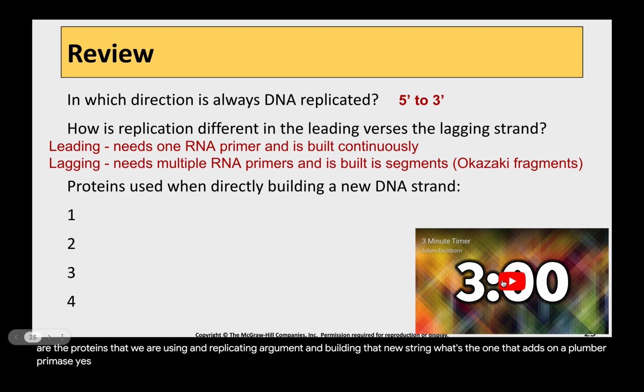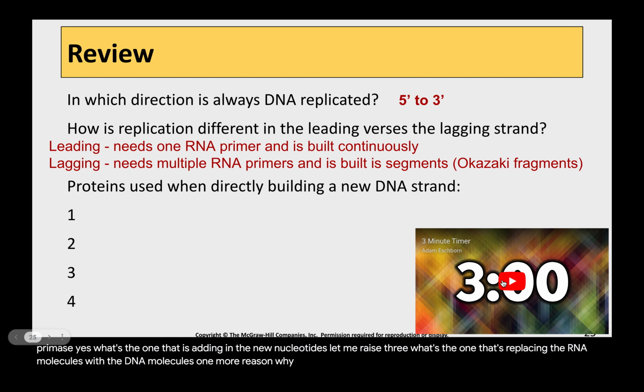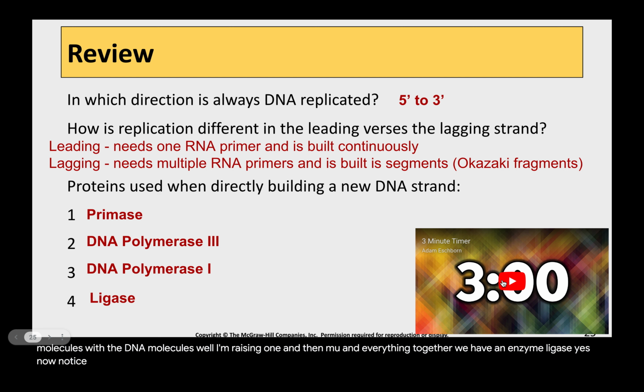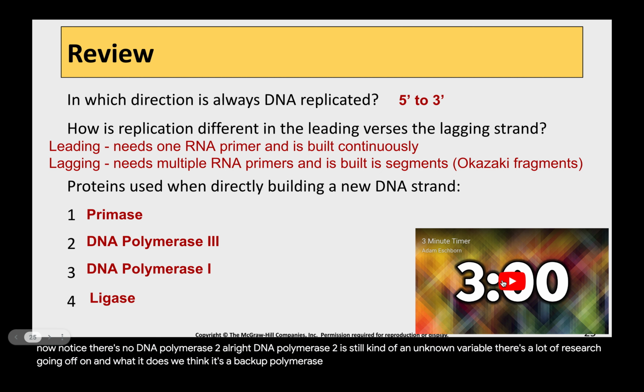Primase. Yes, what's the one that is adding in the new nucleotides? Polymerase 3. What's the one that's replacing the RNA molecules with the DNA molecules? Polymerase 1. And then gluing everything together, we have an enzyme? Ligase. Yes. Now notice there's no DNA polymerase 2. DNA polymerase 2 is still kind of an unknown variable. There's a lot of research going on into what it does. We think it's a backup polymerase and that it can proofread. We don't really know yet.